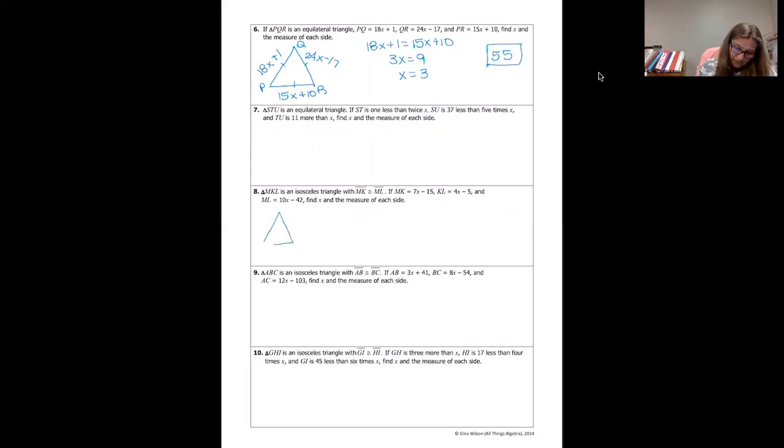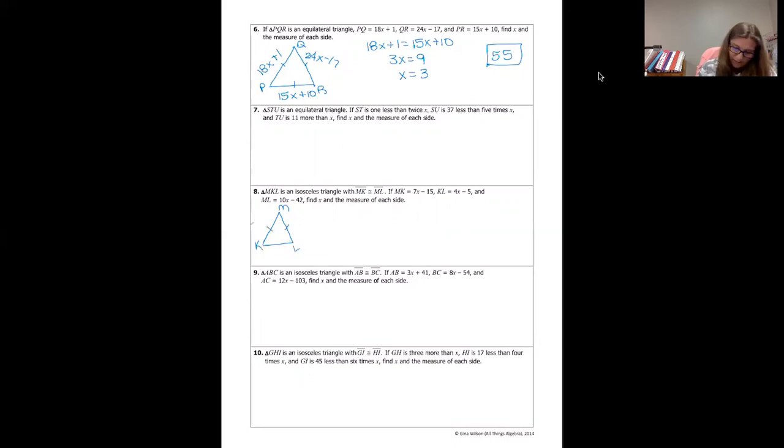MKL is an isosceles triangle here. So M, K, and actually I'm going to change that because we'll put the M at the top because of my congruent statement. That will make things a little bit simpler. MK and ML are congruent.